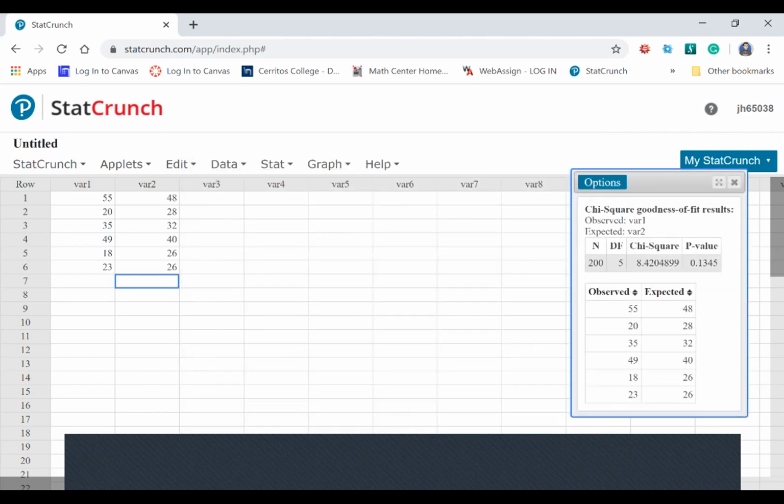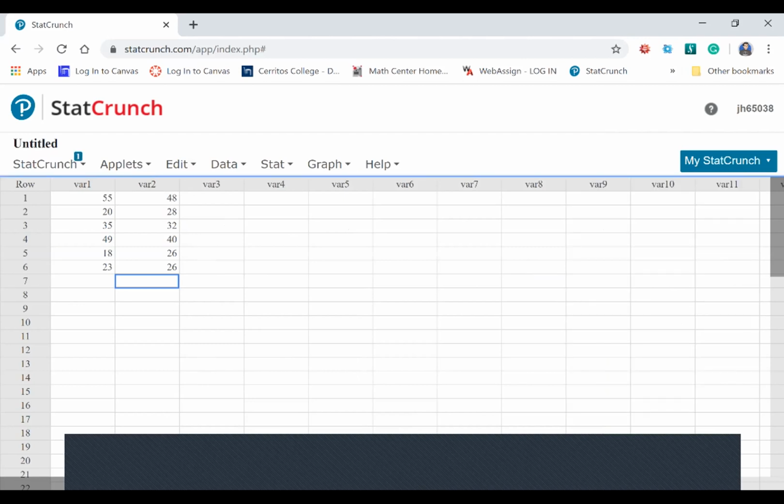It tells me my degrees of freedom was 5, my chi-square was 8.42, and my p-value was 0.135, which is the same thing that we got before. Okay, cool, awesome. So now let's try the chi-square test.